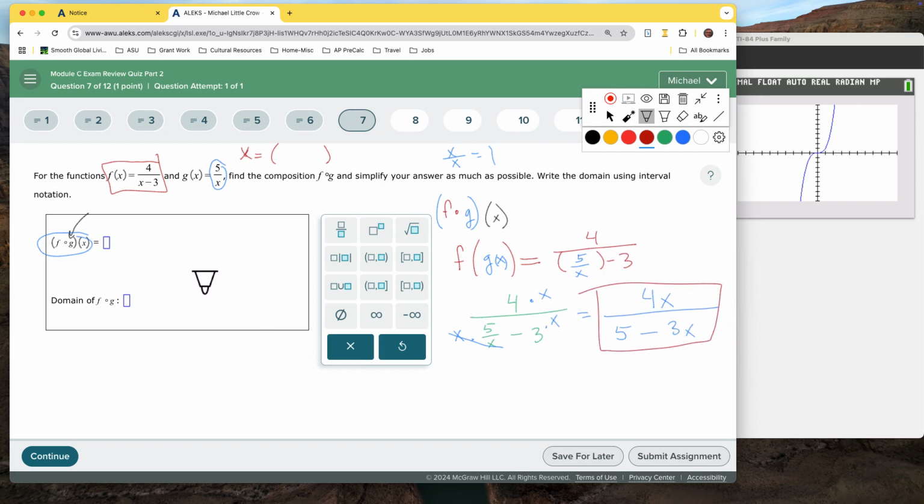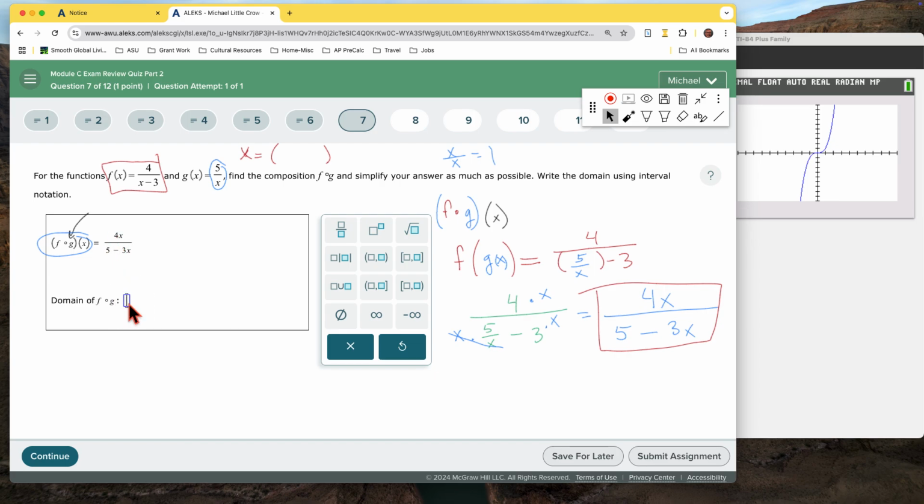So let's put that in, and then let's talk a little bit about what we're going to need to do for the domain. It's a little complicated. 4x over 5 minus 3x. So that's our function.